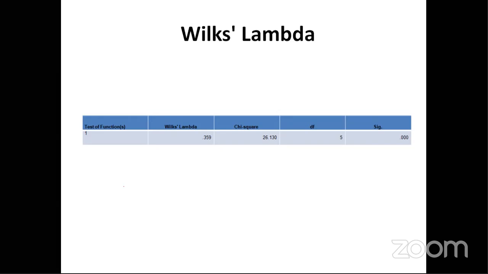The last column gives the p-value, and if you compare this p-value with alpha, it is less than. If you are considering 0.01, 1%, it is still less than. And if alpha is 0.05, again the p-value is less than alpha. So we can say that our Wilks' lambda is significant.